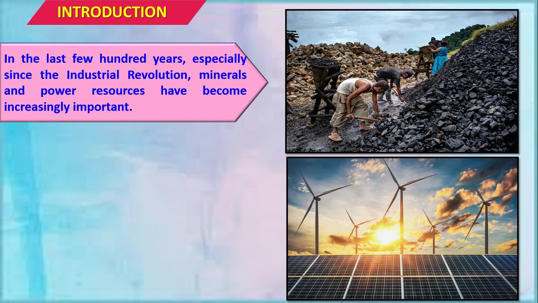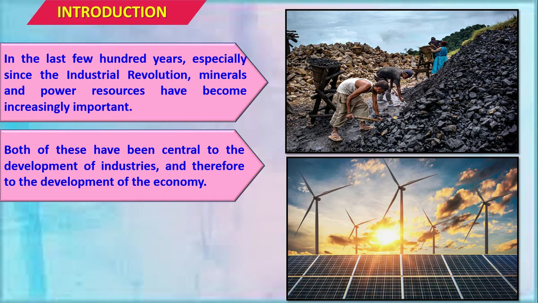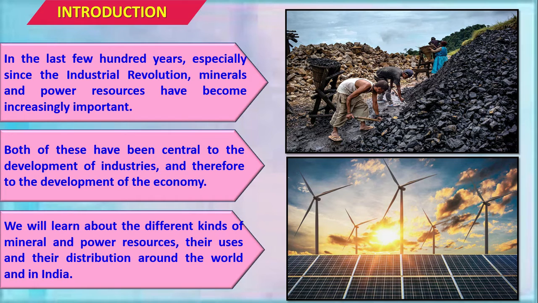And next, in the last few hundred years, especially since the Industrial Revolution, minerals and the power resources have become increasingly important. Both of these have been central to the development of industries and therefore to the development of the economy. So we will learn about the different kinds of minerals and the power resources, their uses and the distribution around the world and in India.